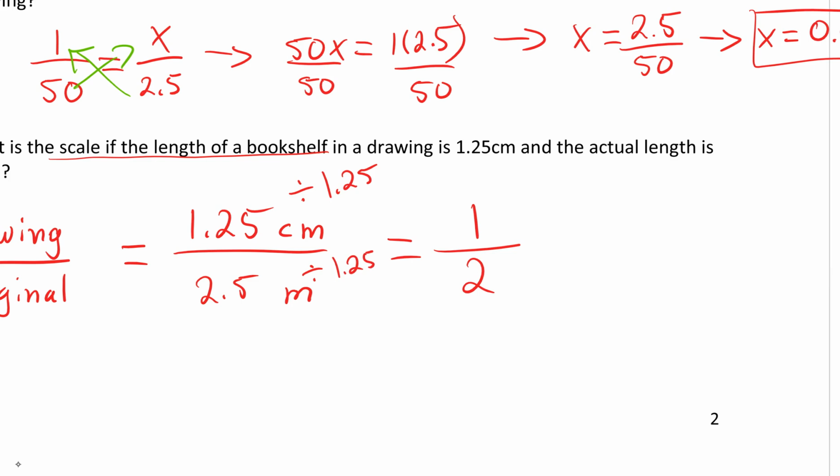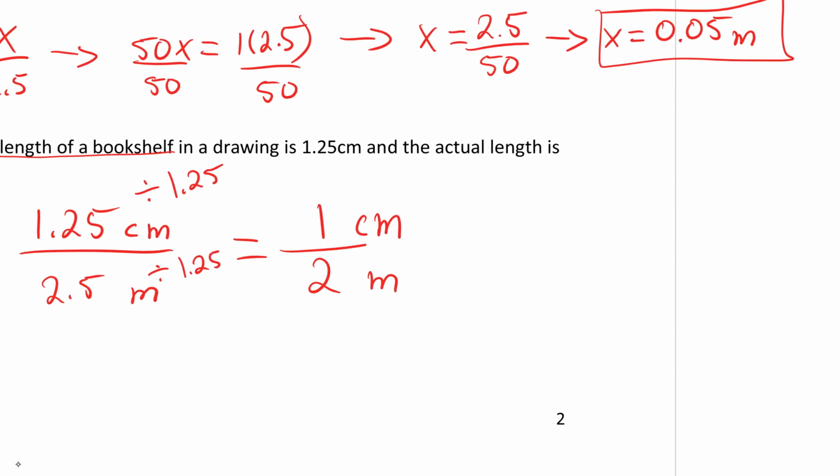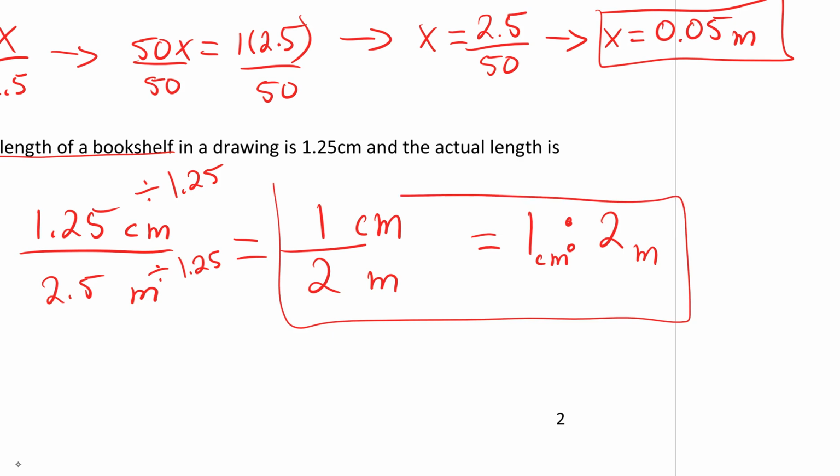So our fraction now is 1 over 2, and we have centimeters over meters. It could also be written like 1 colon 2, and you'd include your centimeters and your meters. So that's how we would write out what our scale factor is. So either one of these would be your correct answer.